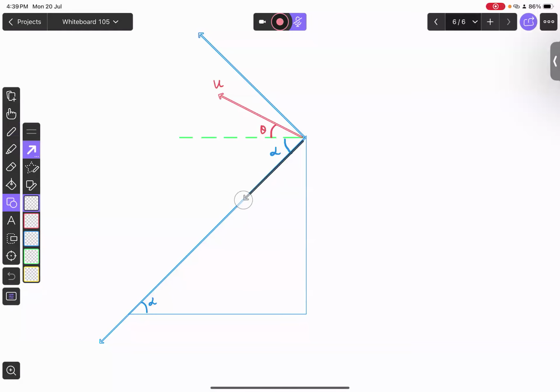So one component of u will be down the inclined plane, another component of u will be up the inclined plane. This is u sin(theta plus alpha). This is u cos(theta plus alpha), correct?